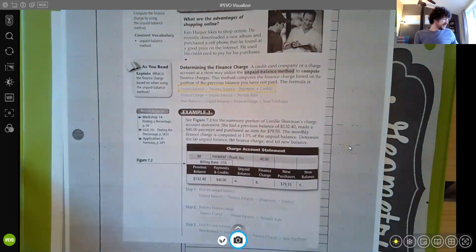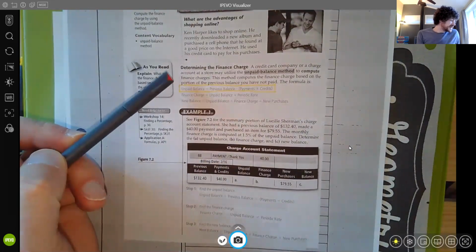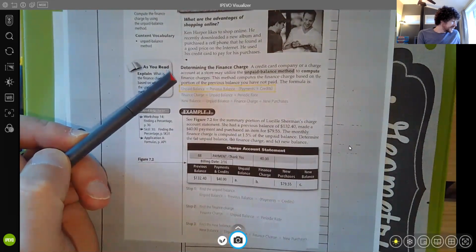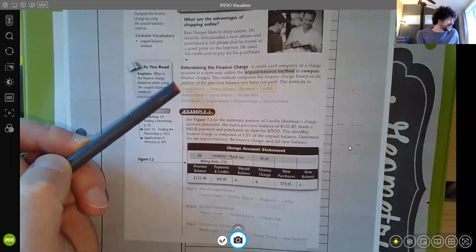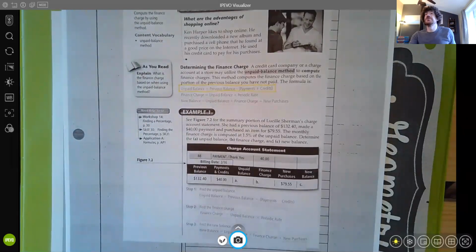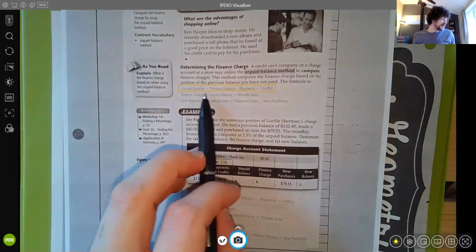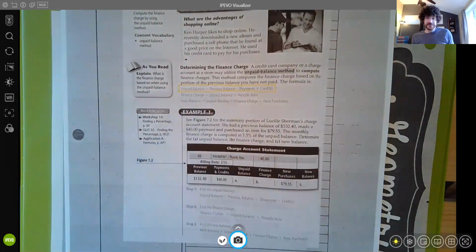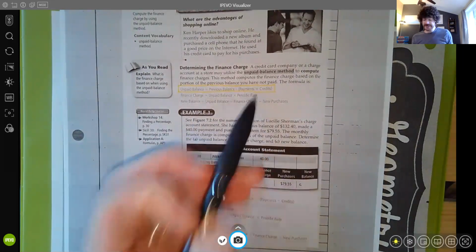And the unpaid balance is based on the portion of the previous balance you haven't paid. So you have to actually calculate that before you can figure out what the finance charge is. And to calculate the portion that was unpaid is right here. The unpaid balance is equal to the previous balance minus the sum of the payments and the credits.